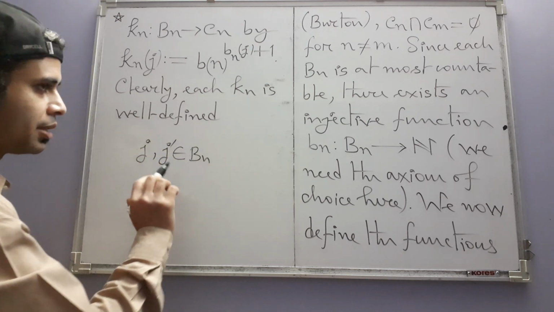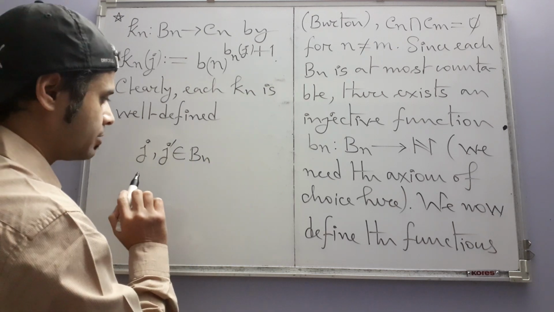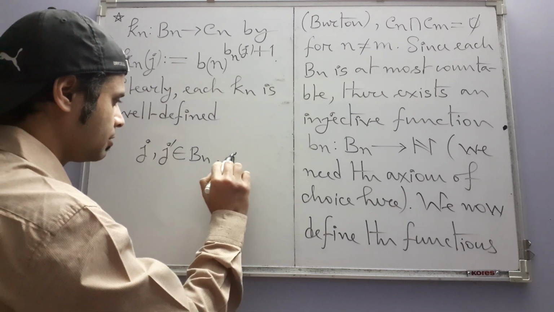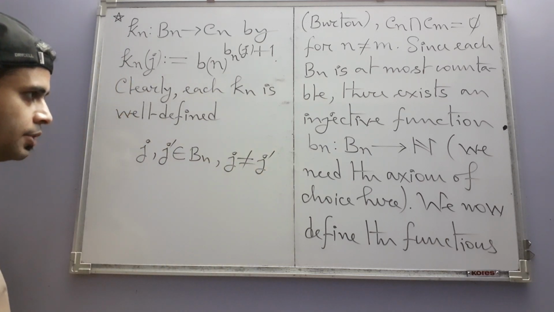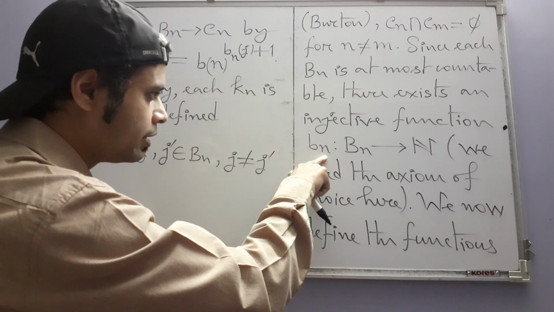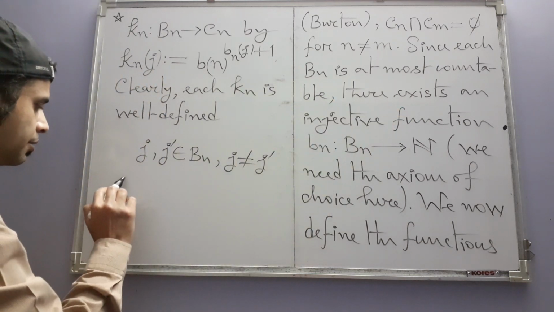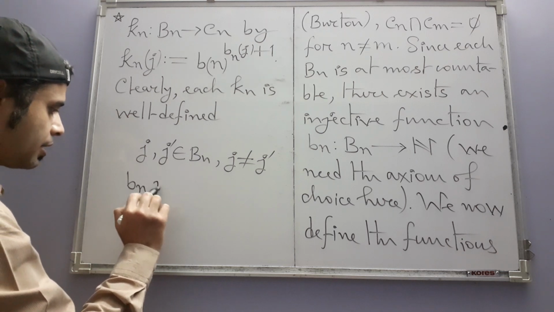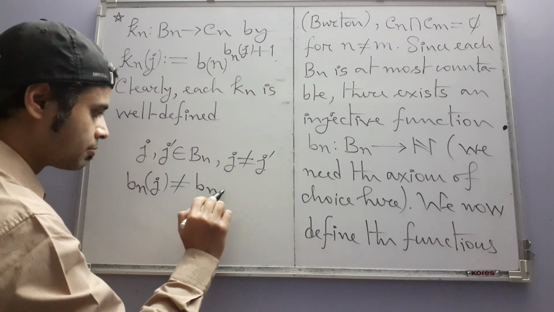This I am not going to make a part of the solution because one can just simply verify it. Now note that this function bn is injective. So distinct inputs imply we have distinct outputs.